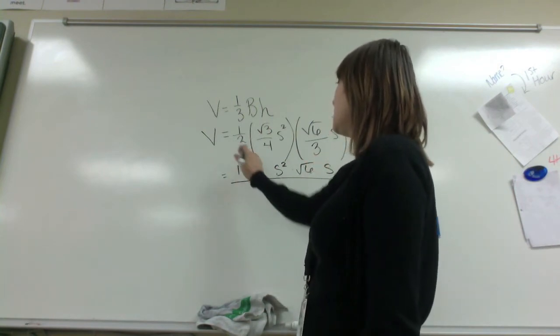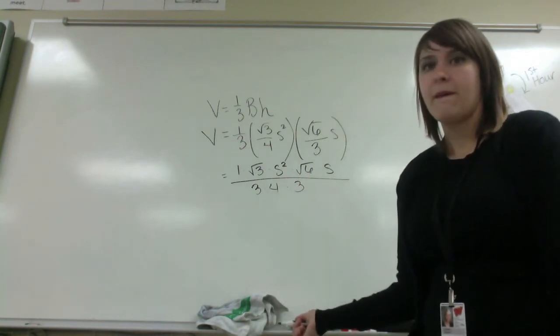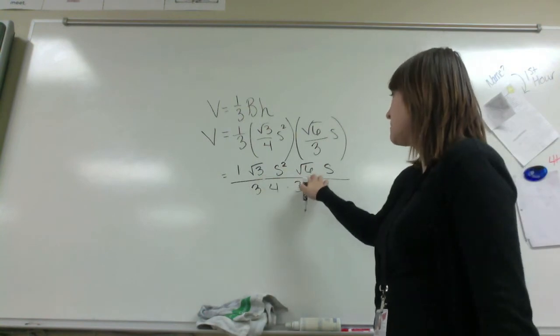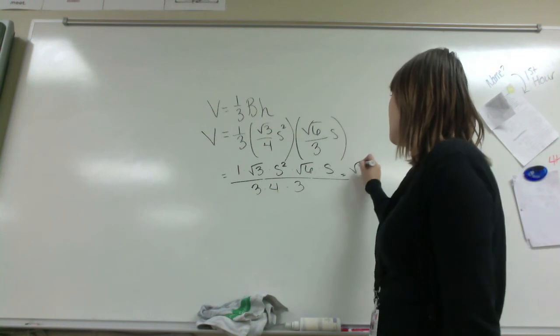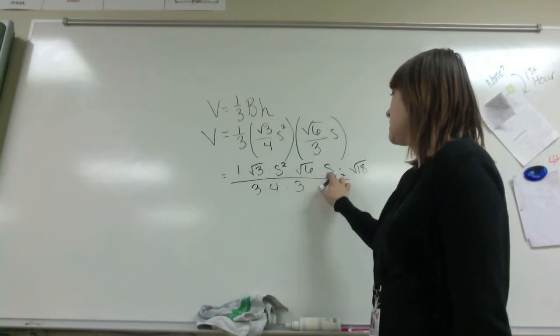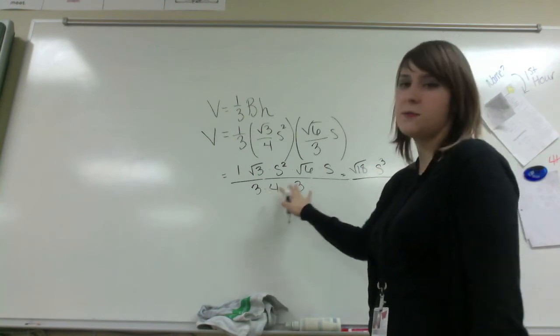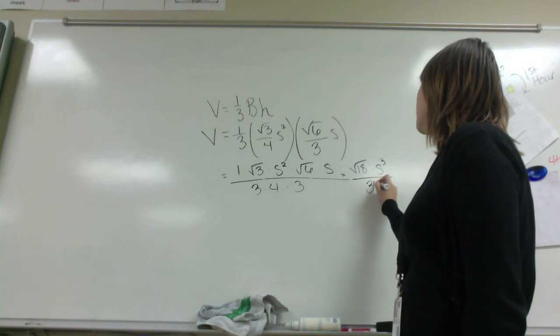And in the denominator, I'll have 3, 4, and 3. Okay. So square root 3 times square root 6, that's the square root of 18. And s squared times s is s cubed. 3 times 4 times 3, that's 12 times 3, which is 36.